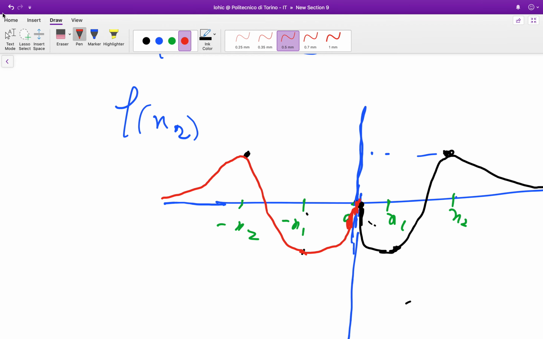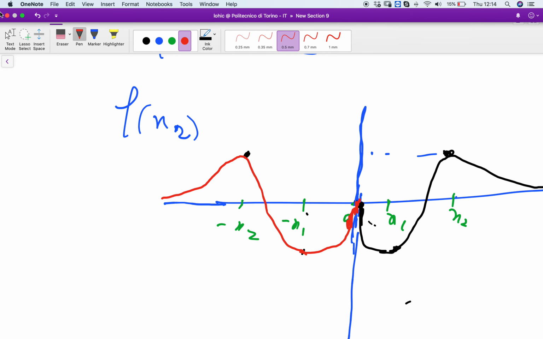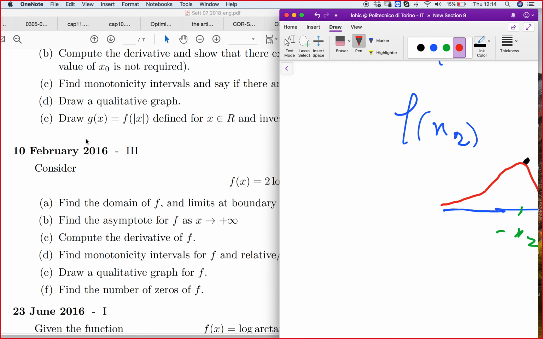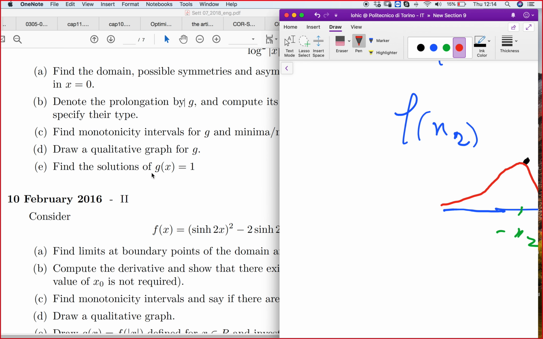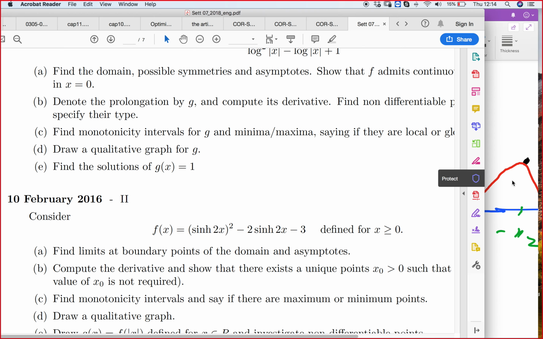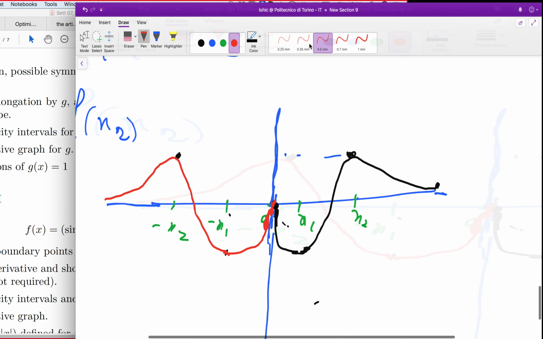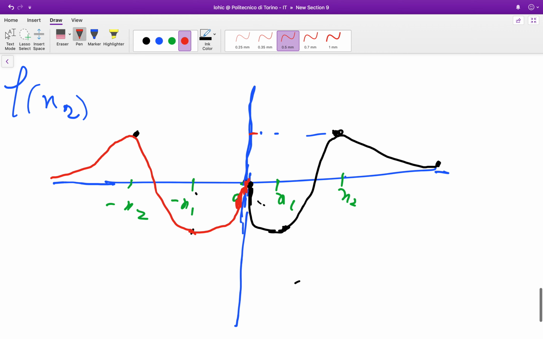Then the last question says: find the solution of g of x equal to 1. So we want to solve g of x equal to 1. If we only needed to know the number of solutions, we would just need to know if 1 is above or below g of x2, because if 1 is below, there will be 4 solutions.